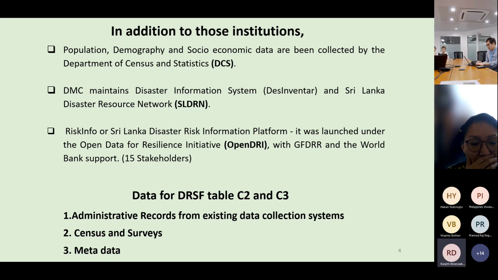In addition to those institutions, the Department of Census and Statistics collects population, demographic, and socio-economic data, which are used as a baseline in disaster situations. The Disaster Management Center also maintains the disaster information systems called DesInventar and the Disaster Resource Network, SLDRN, and risk information databases.